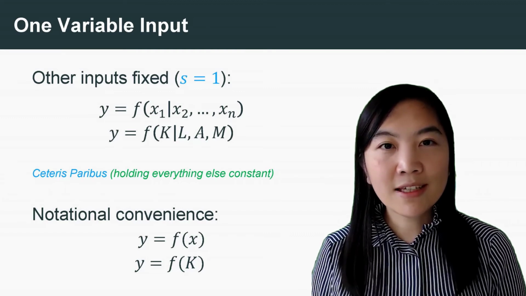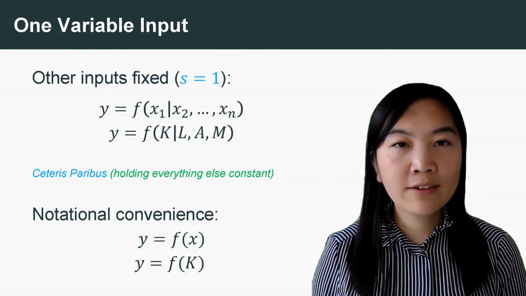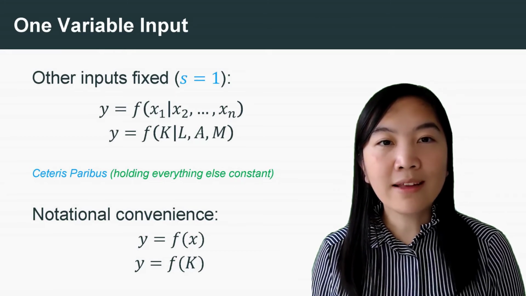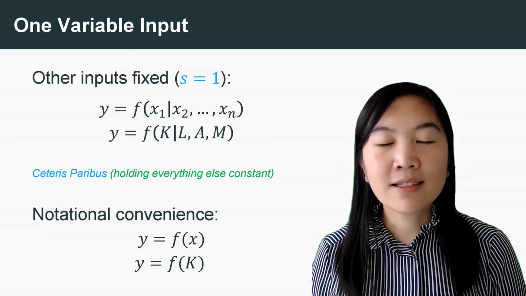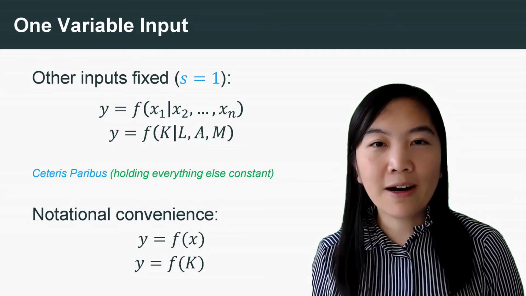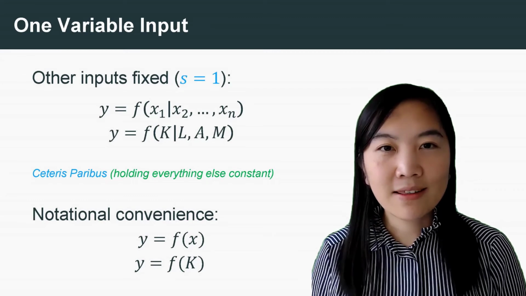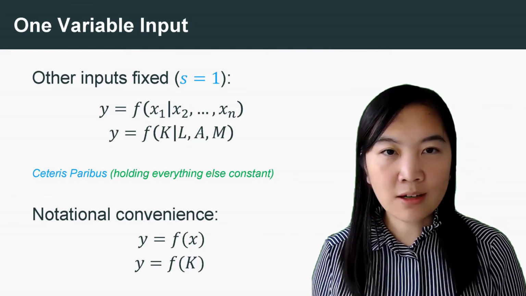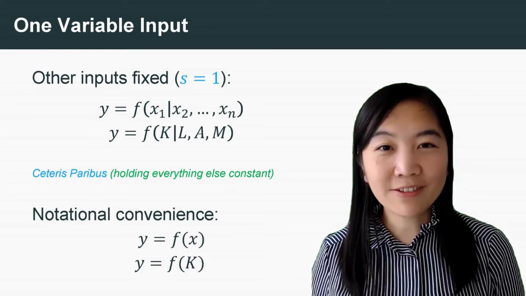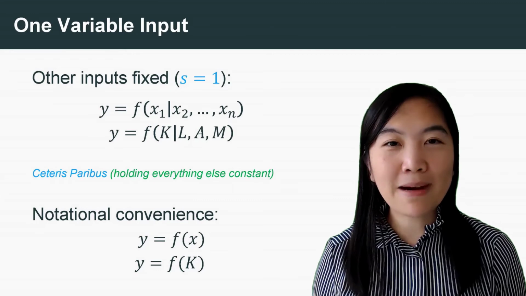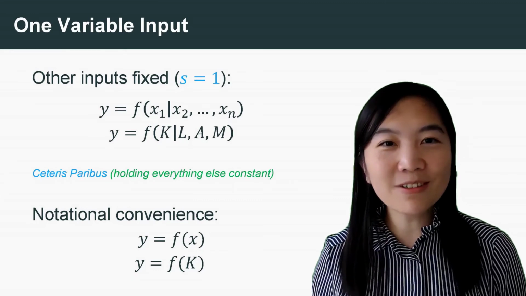So you can say y, for example yield, is a function of nitrogen, and then say ceteris paribus, which means all of the rest are constant. This is a very frequently used economic term, and I do hope that after you take this course, you are able to say this. It might sound professional.